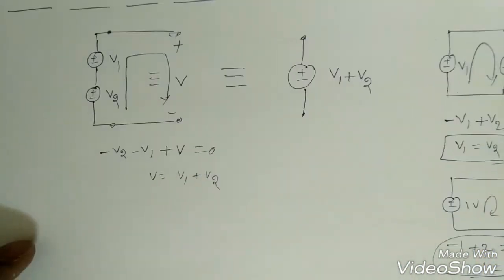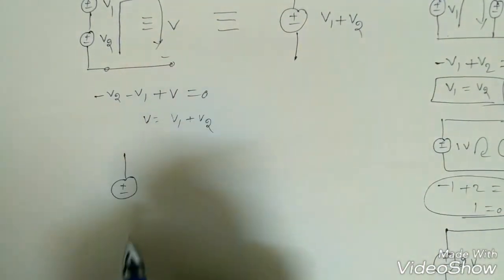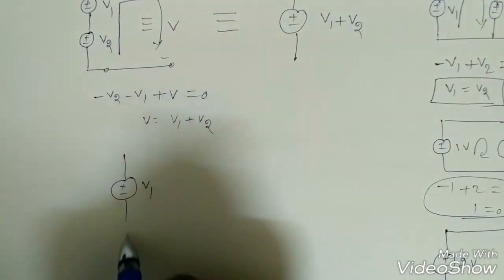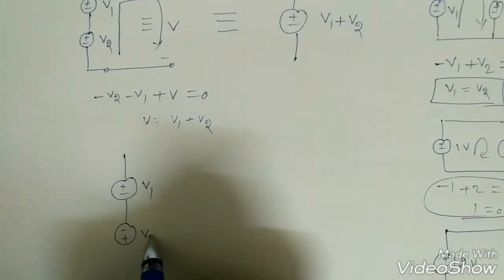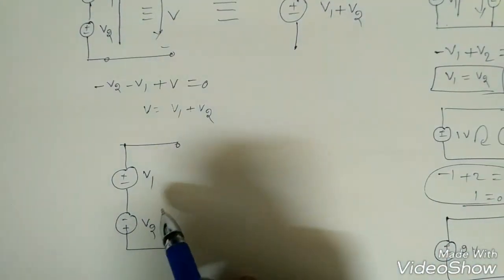Series connection is very simple. Suppose I take one more example like this: plus minus V1 and here minus plus V2, right? Now these two are in opposite directions.